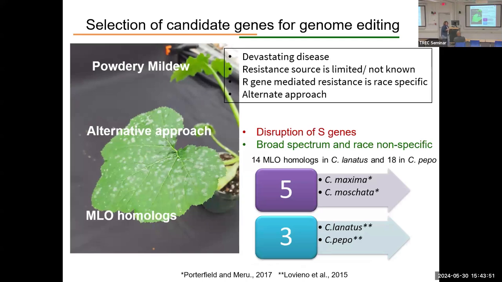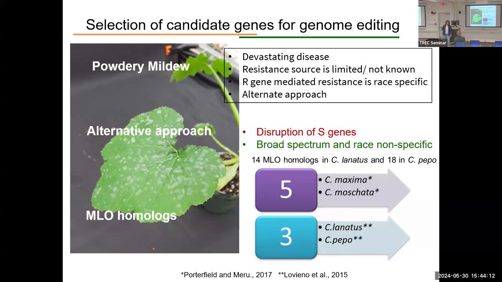So we know that powdery mildew is a devastating disease of cucurbits. It infects the plants at all growth stages and reduces the marketable yield. No resistance gene has been identified to date against powdery mildew in the commercially available varieties.